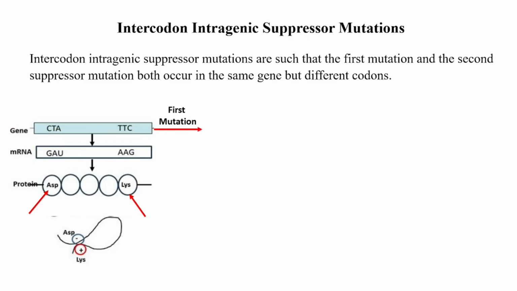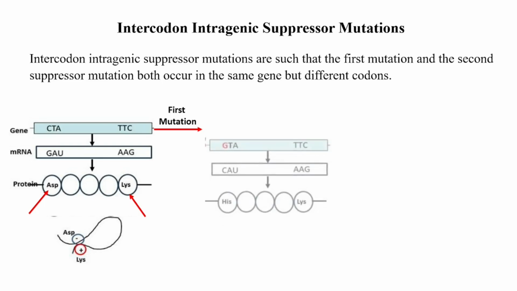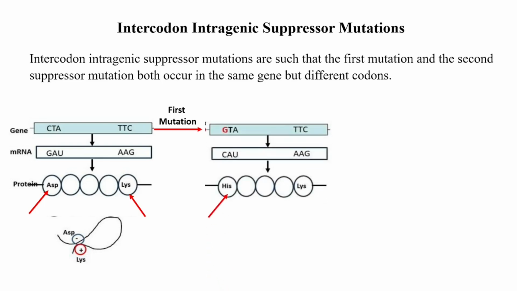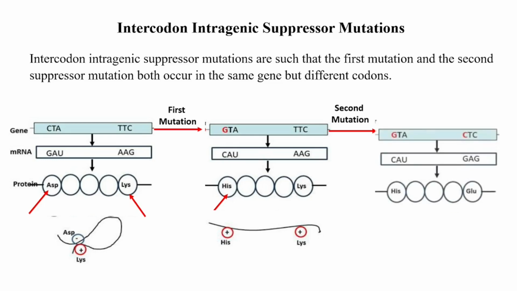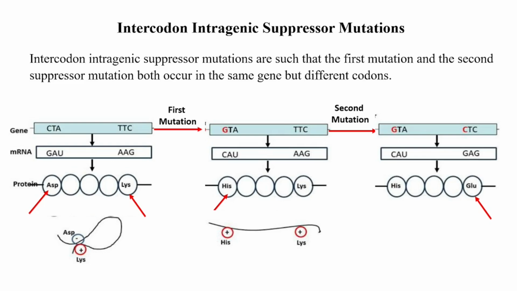Now, a first mutation has occurred and changed aspartate to histidine, a positively charged amino acid. As a result, the protein loses its structure and probably becomes non-functional. A second mutation now takes place such that lysine is converted to glutamic acid, a negatively charged amino acid.